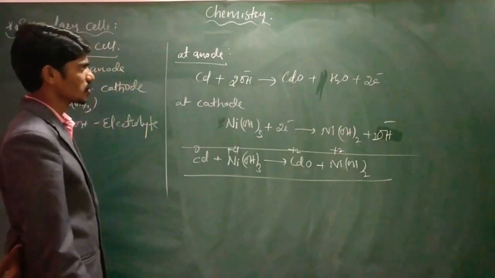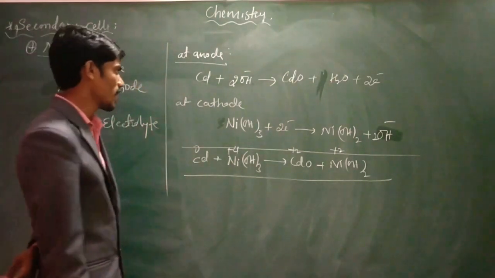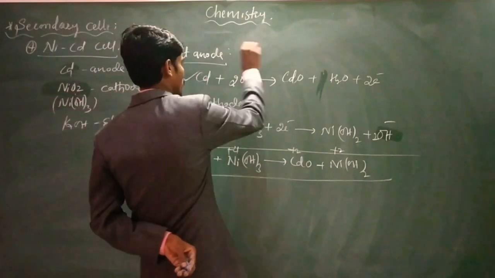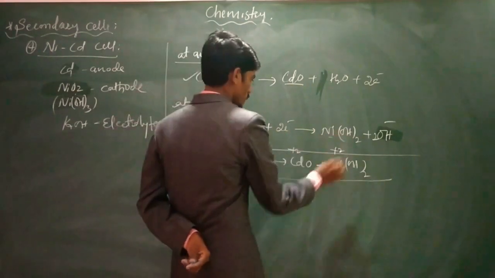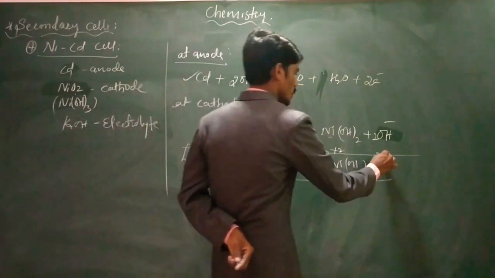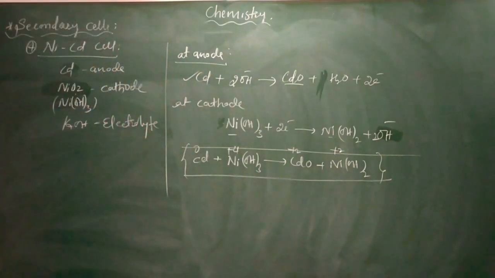This is the overall reaction in nickel cadmium cell. So at anode cadmium undergoes oxidation, at cathode nickel undergoes reduction. So this is the overall reaction in case of nickel cadmium storage cell.